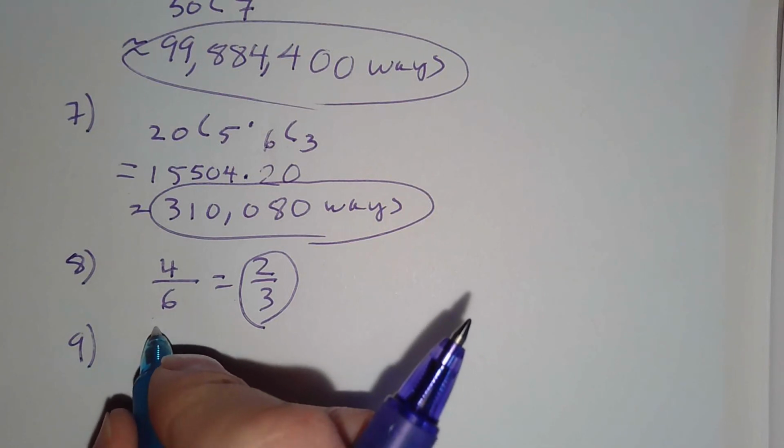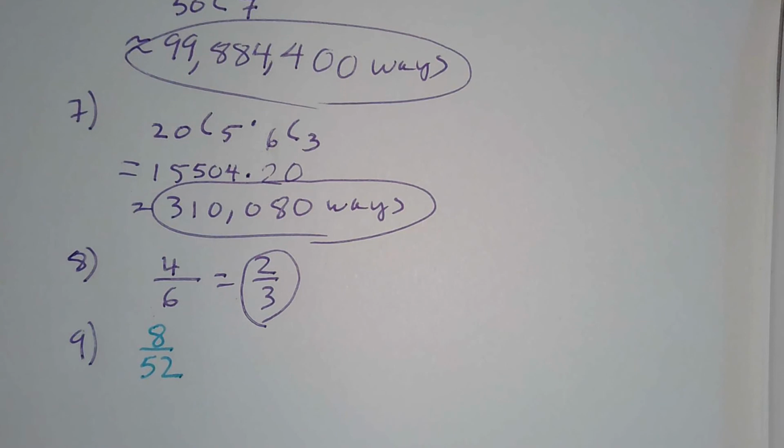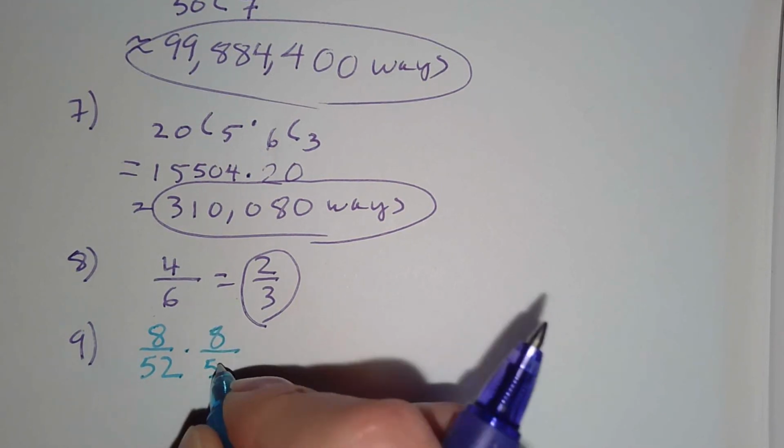So the first time through, the probability of selecting a king or a queen would be 8 out of 52. Now since this has replacement, we're going to put those cards back in. And so the second time through would be 8 out of 52.